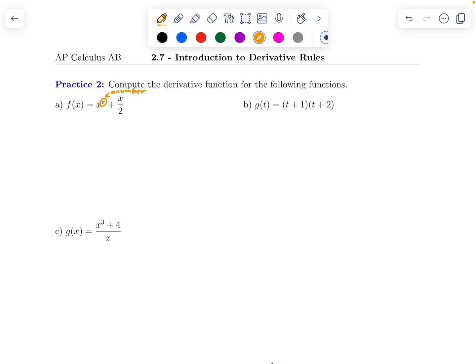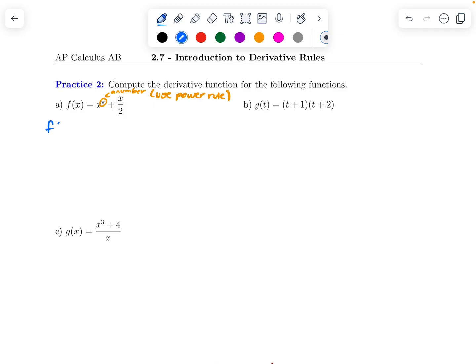So I can still use power rule here. So I'll just write use power rule. Okay, but what might look weird to you is that x divided by 2. So in this case, we don't have a function divided by a function. We just have a function divided by a number. And so we can rewrite that as multiplication, so that makes it a little bit easier to look at.